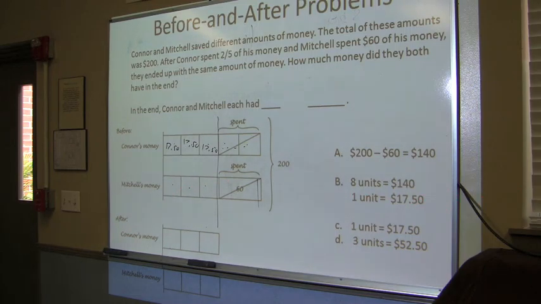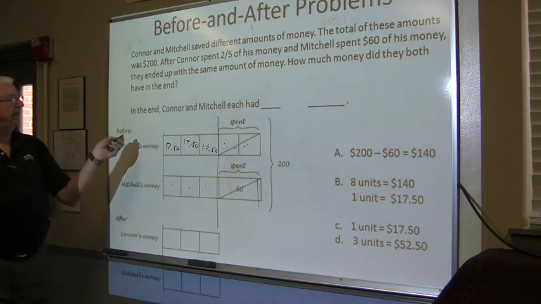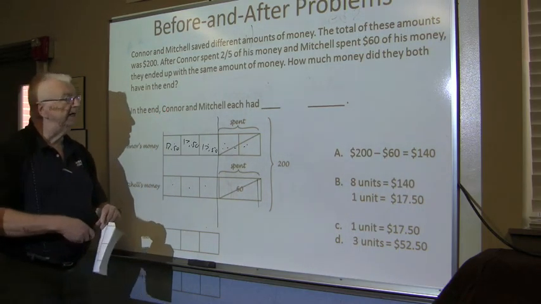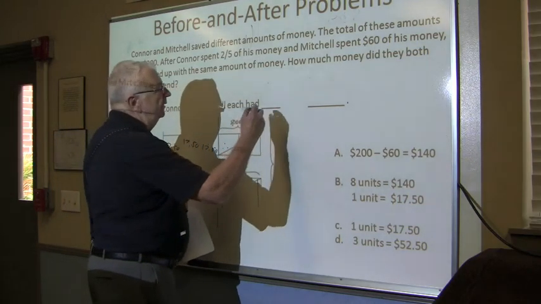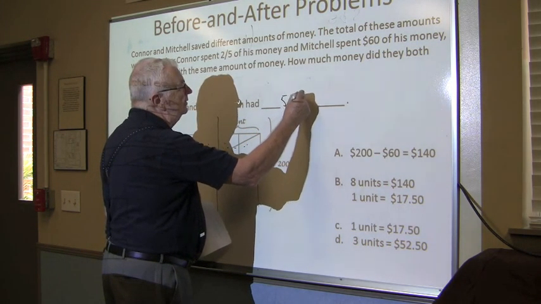And now I'm going back and saying, in the end, Connor and Mitchell each had. So I have to find out what 3 units is. So 1 unit is $17.50. 3 units would be 3 times that, or $52.50. All right, so then I'd go back up here and I'd say, in the end, Connor and Mitchell each had $52.50.